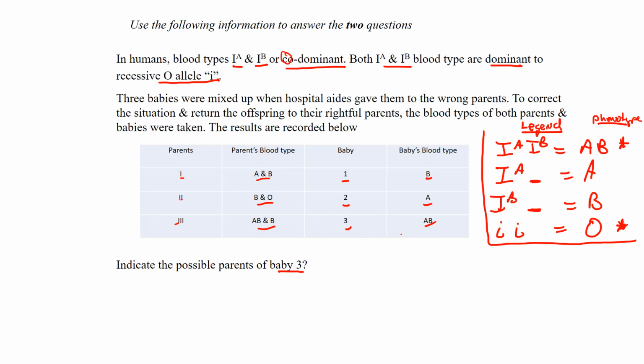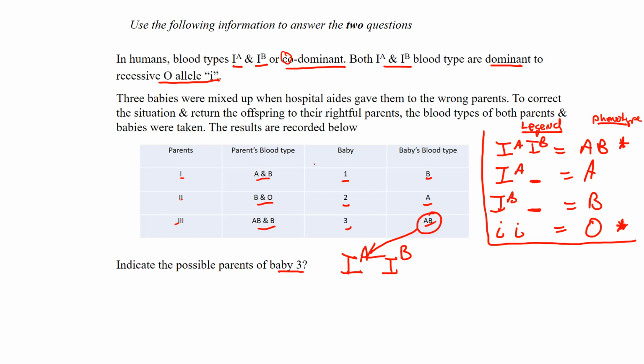So let's go take a look at baby number 3 and find out what their phenotype is. Their phenotype is AB, so that means that they must have a genotype, and remember we like AB because we know what the genotype is as well. They must have a capital IA and a capital IB. So one of the parents must have contributed the A allele, and the other parent has to have contributed the B allele.